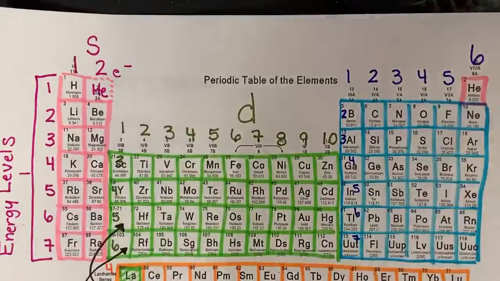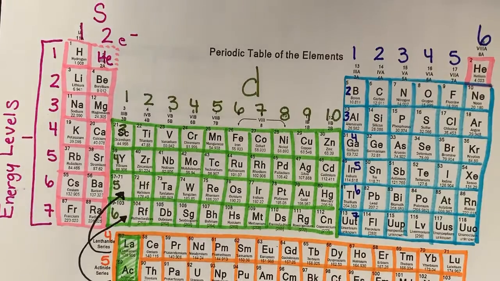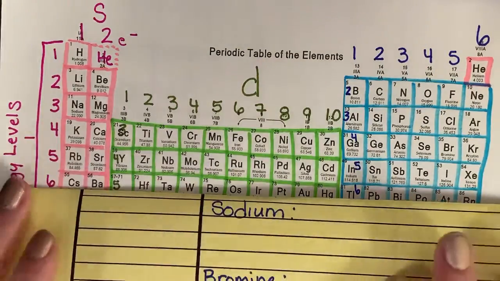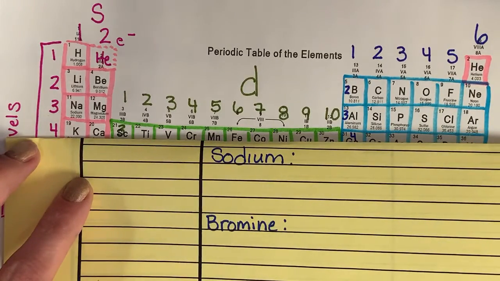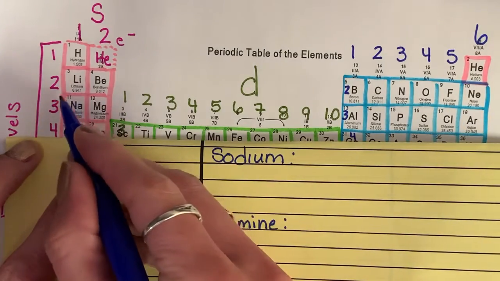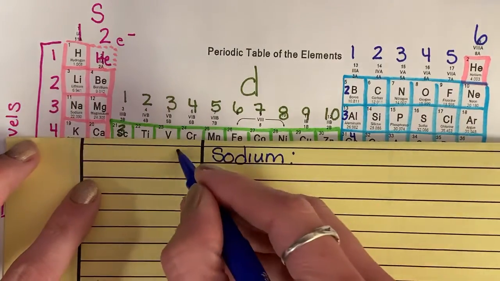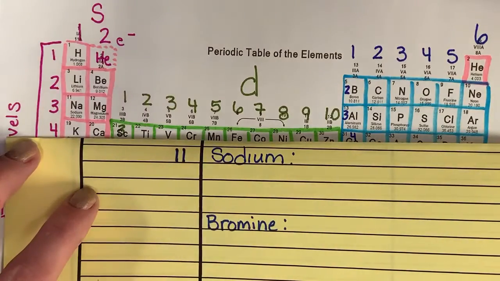I've got my periodic table, and I want to describe where all of the electrons are found for sodium. That means I have to write the address for 11 electrons.